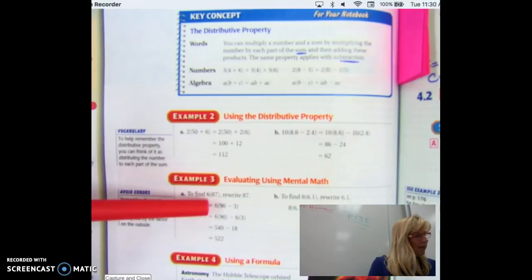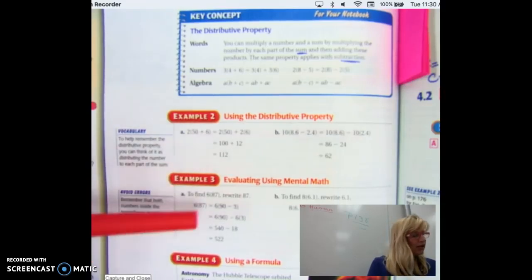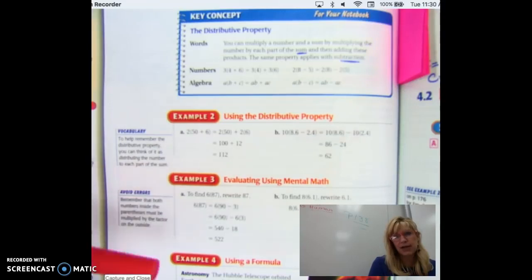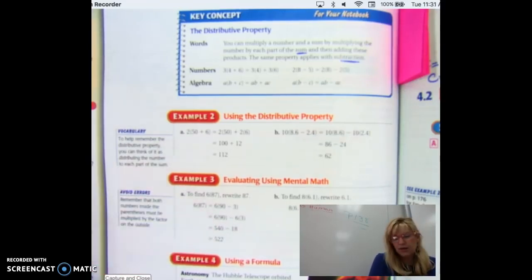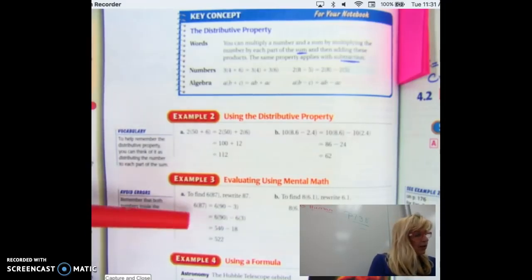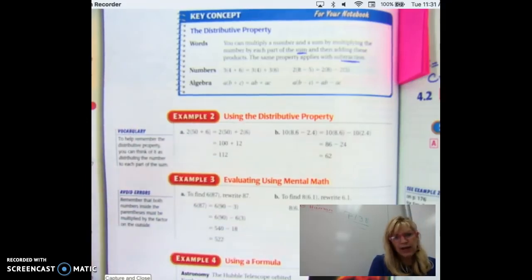Now you say, why wouldn't I just multiply this out? This distributive property enabled us to creatively change the quantity, the number 87, into a 90 minus 3. It just made it easier to do mental math to figure this question out. If you would like to write down this example too, might be a great idea.